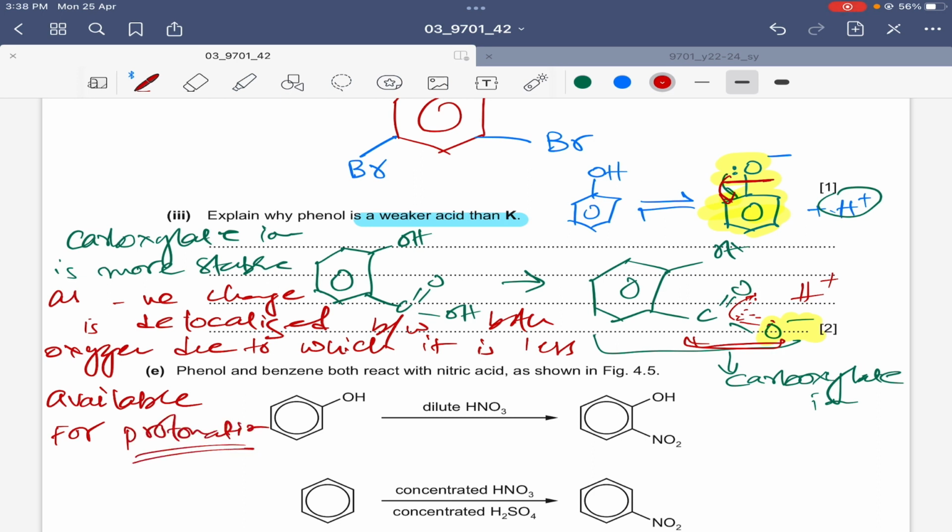So that's why it is more acidic, because its negative ion is more stable. The strength of a weak acid depends on how stable a negative ion it forms, how stable a conjugate base it forms, or you can say what are the chances of backward reaction. More chances of backward reaction means a weaker acid, right?